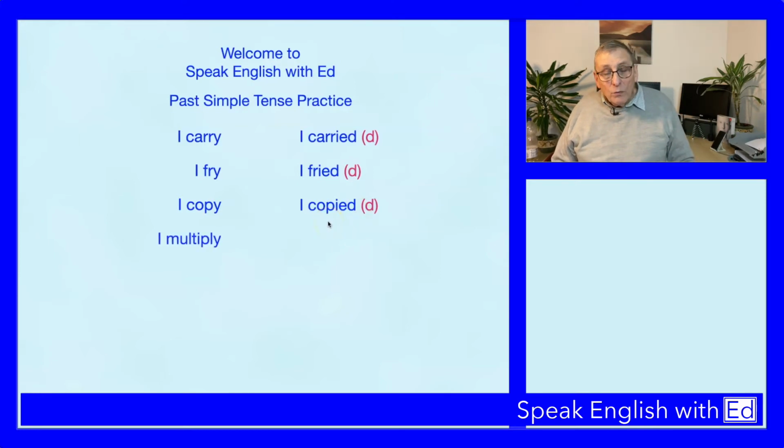Now we've got a longer word here. It's a three-syllable word, multiply. But the word still ends with a Y, so the same rule applies. What is the past tense of multiply? Can you say it before we see it?